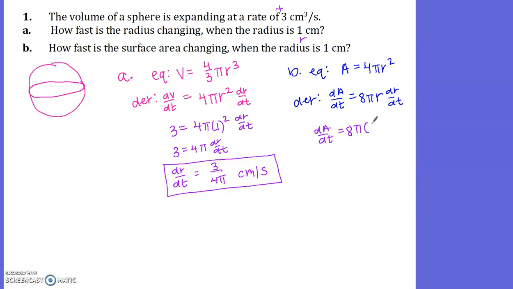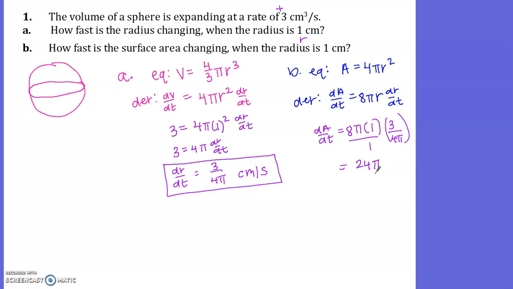So here to solve for dA/dt, I'm going to plug in a 1 for r, and then I'm going to take this number over here that I got for dr/dt and plug in the 3 over 4 pi. So this whole part over here is over 1, so I'm going to multiply my numerators.